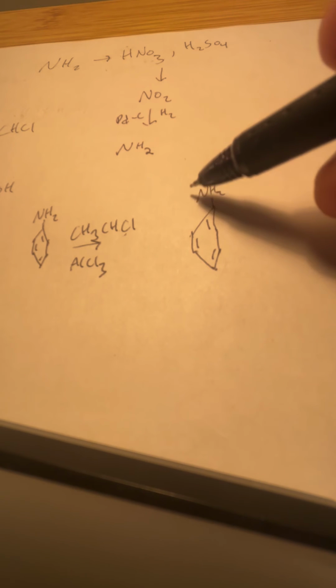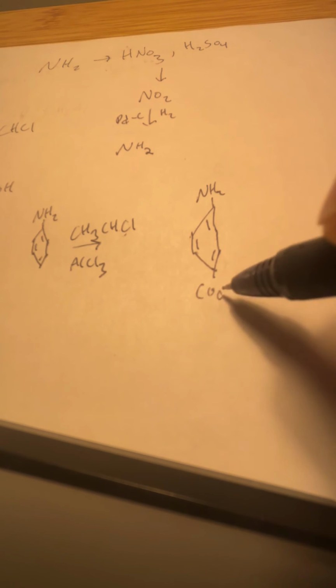And then remember that when we add this, we have to consider, is this NH2 ortho, para, or meta-directing? Well, we know it's ortho and para. So what we're going to do is we can only add it here, here, or here. For the sake of this synthesis, what I'd like to do is actually add it down here. And you may be asking, how do I know that that needs to be added there?